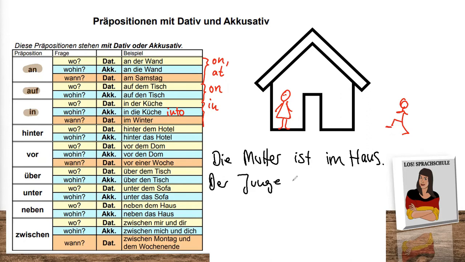Der Junge geht in das Haus. Akkusativ. Just because we have the movement to go into something. Wohin? Towards where? Into the kitchen, into the house, in die Küche, or in das Haus. In can also be a when statement, of course, im Winter, im Sommer. So for seasons, it's also a possibility.